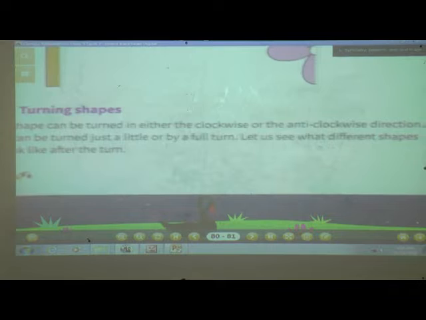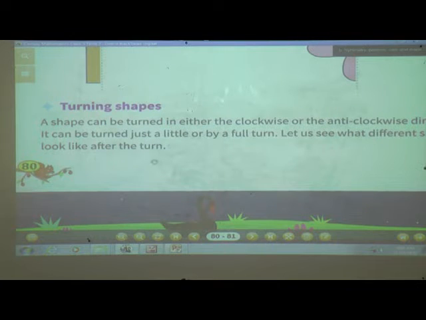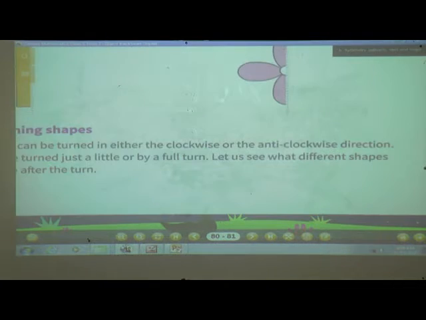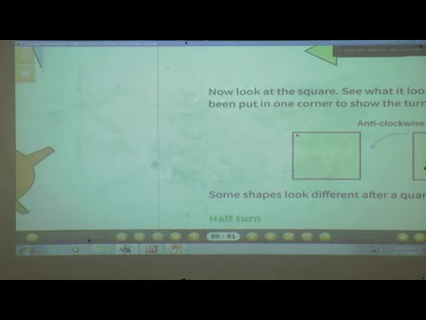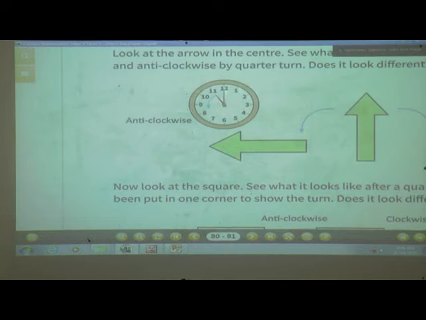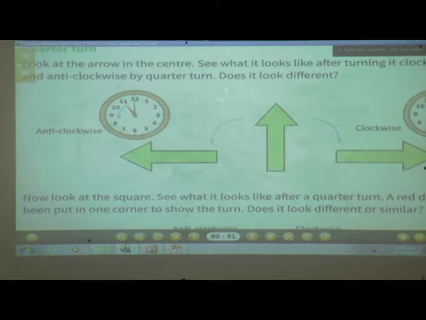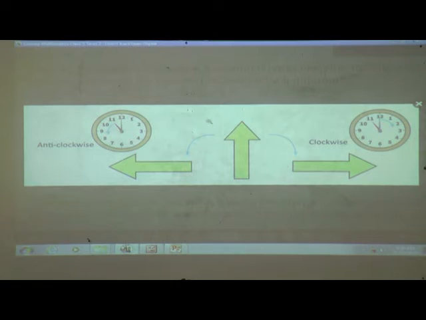Let us see what different shapes look like after the turn. See page number 81, quarter turn. Look at the arrow in the center. See what it looks like after turning it clockwise and anti-clockwise by a quarter turn.